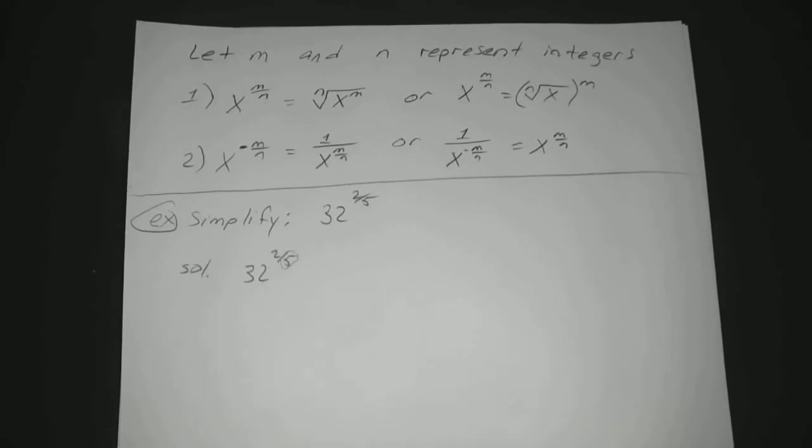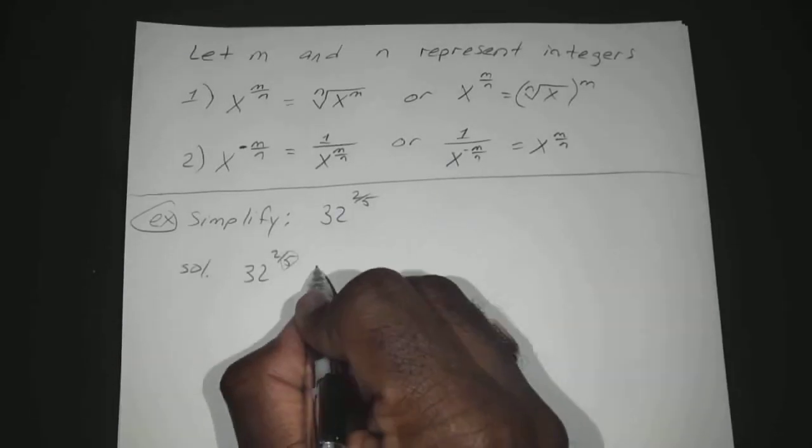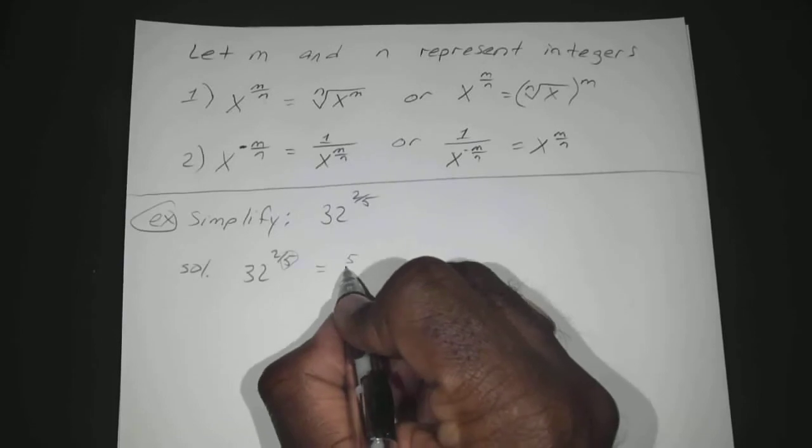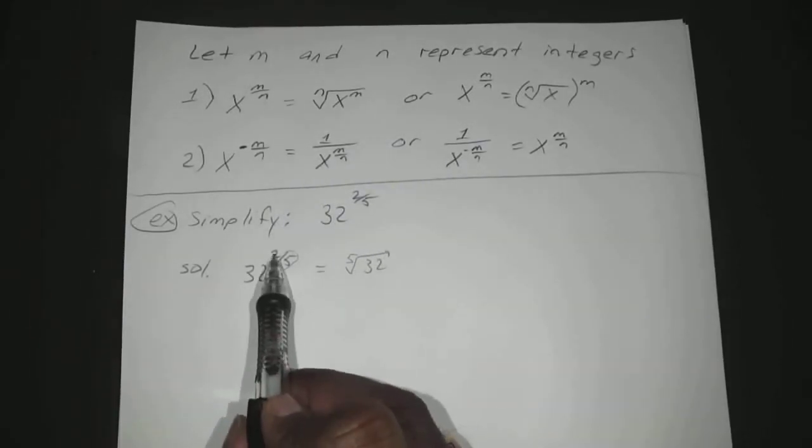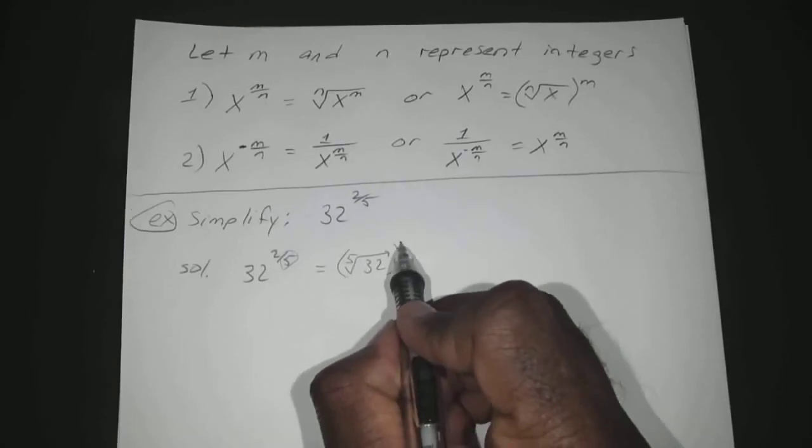Remember, your denominator is always your index. So that's going to equal the 5th root of 32, and you can raise that whole thing and square it.